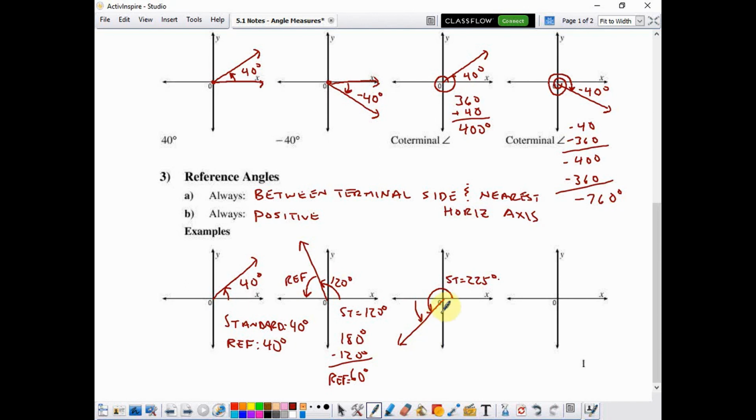And in this case, I can subtract this 180 right here from the 225. 225 minus 180 degrees. And that is a reference angle of 45 degrees.